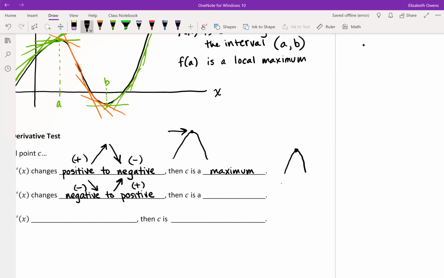So negative, hit the critical point, and then positive derivative values. That would make your critical point down at the bottom of the valley there, a minimum.